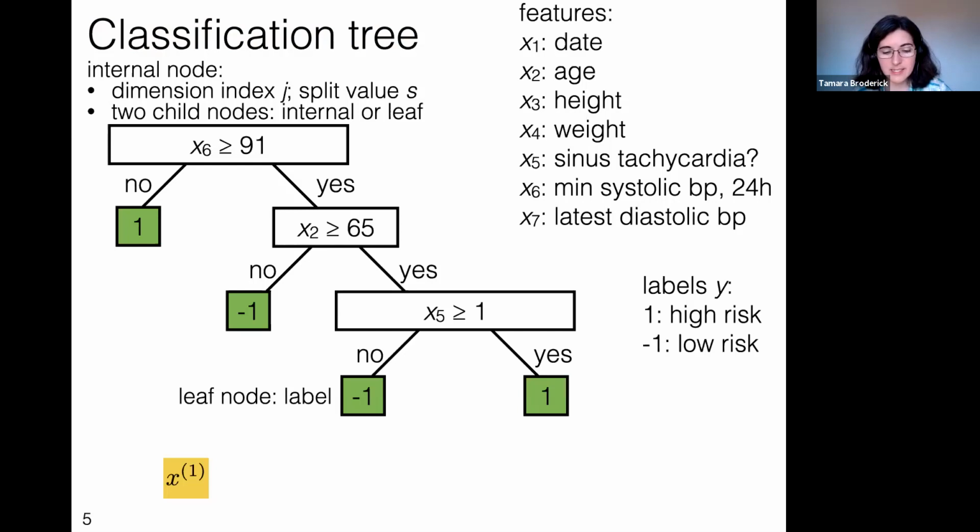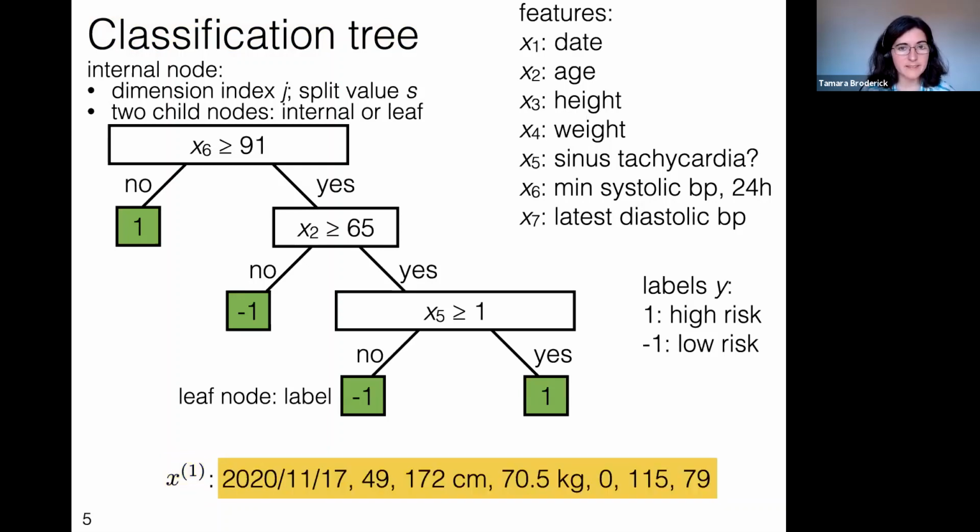Let's check that that's true. Suppose a data point comes in: a person comes into the hospital with a bunch of features associated with them. The date, the age, the height, the weight, is sinus tachycardia present, min systolic blood pressure, latest diastolic blood pressure. How would we classify this data point?